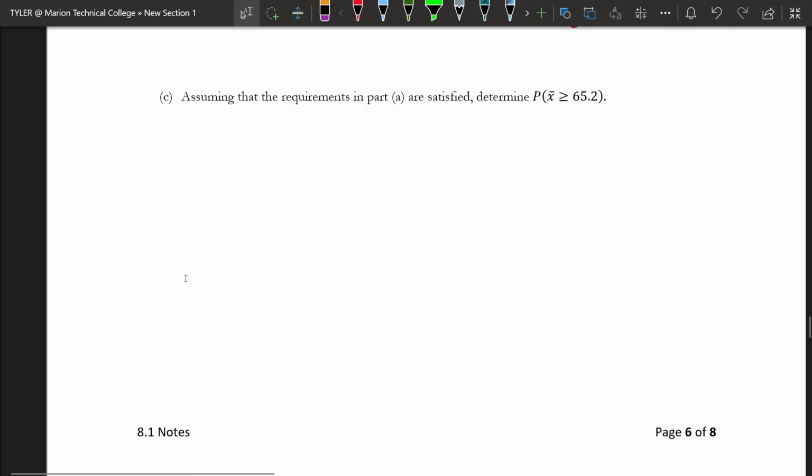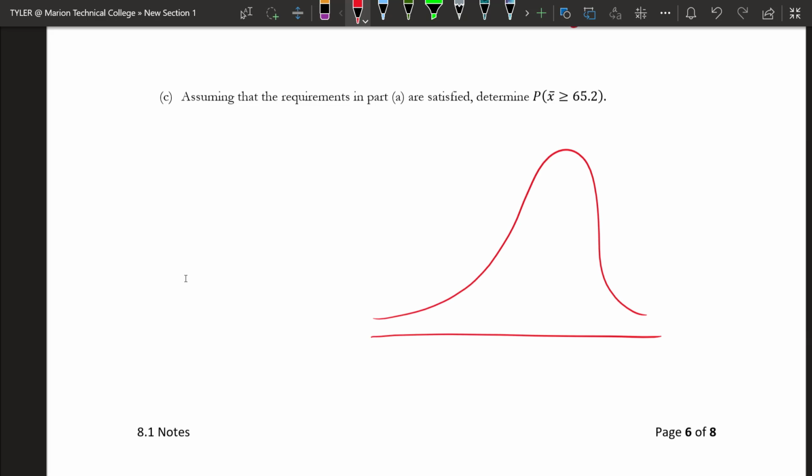So then part C, we want to use the same distribution, but we're finding the probability that x bar is greater than or equal to 65.2. Right in the center would be 64 still. Somewhere to the right would be 65.2.